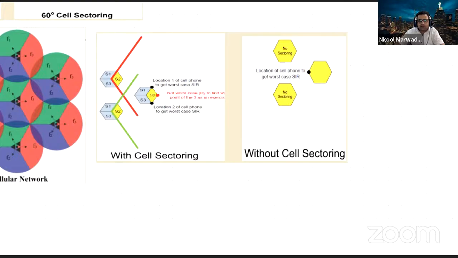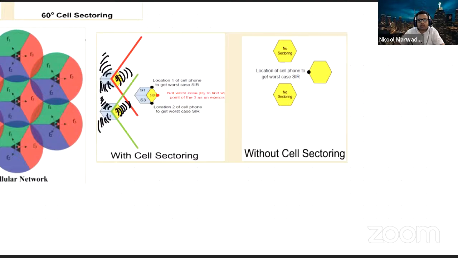So the base station's coverage area will be in this direction, in this direction, in this direction, and in this.